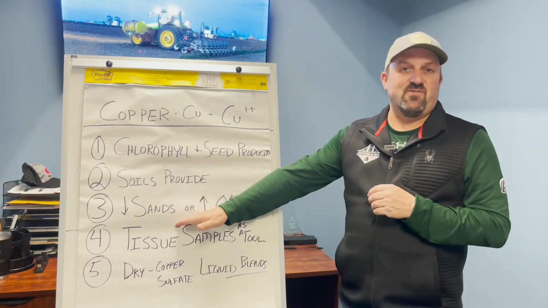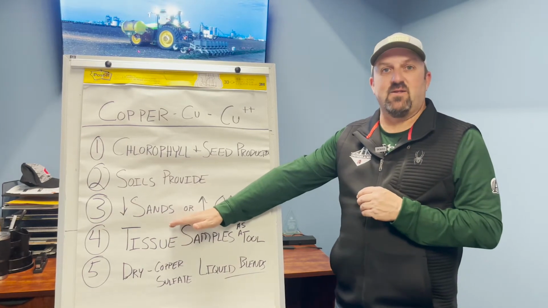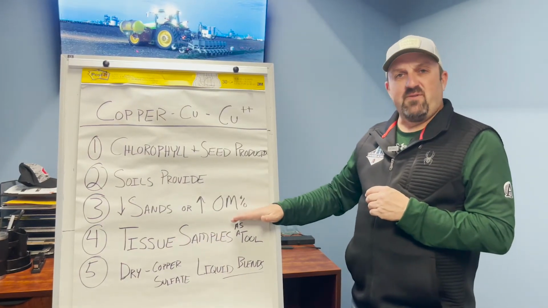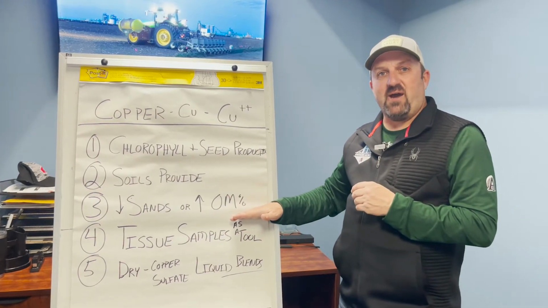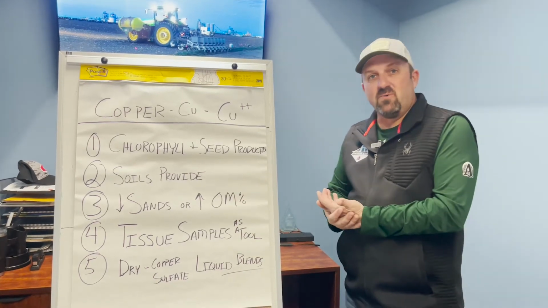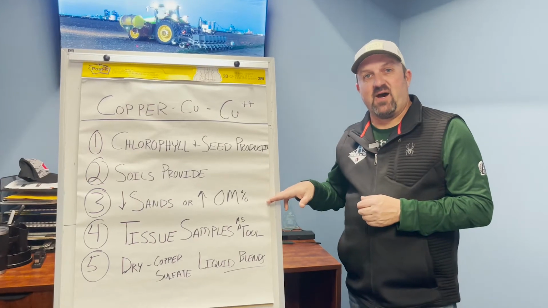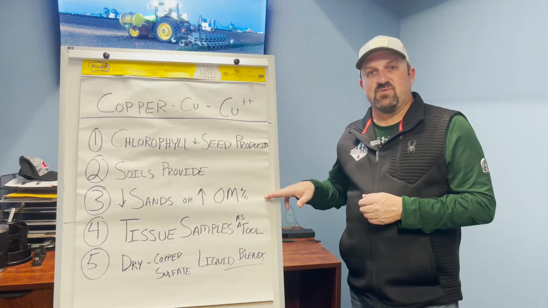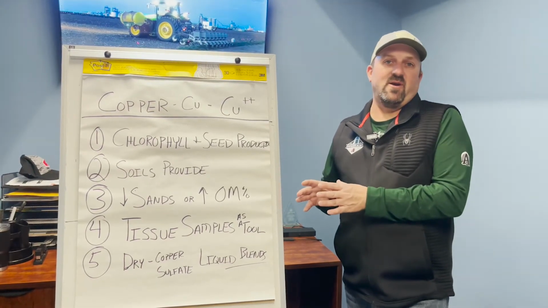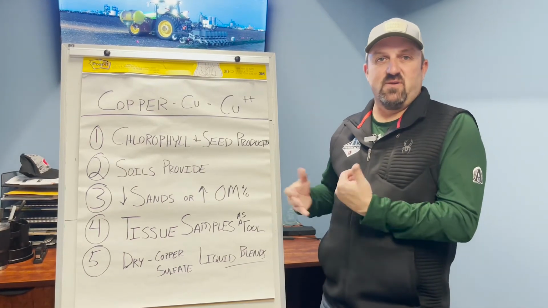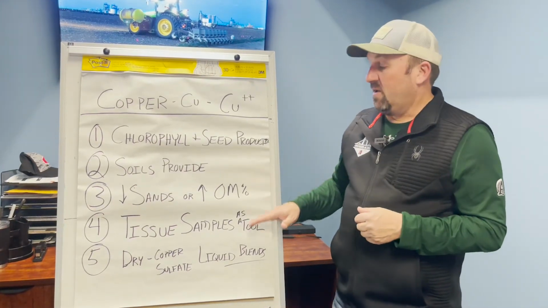We've seen that there in the past. The other end of the extreme is really high organic matter soils, which typically we don't run into. But if you get 4% organic matter or something really high, we can see some issues there, and that's pretty rare around here. But every now and then we see it; there's always the exception to the rule.